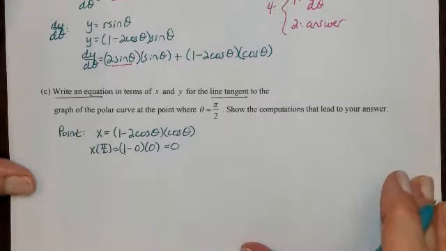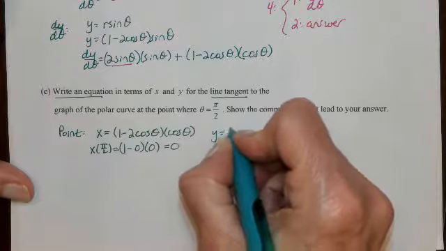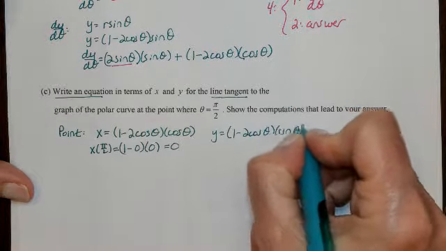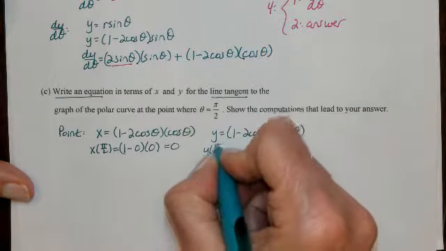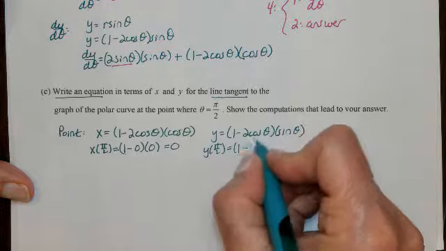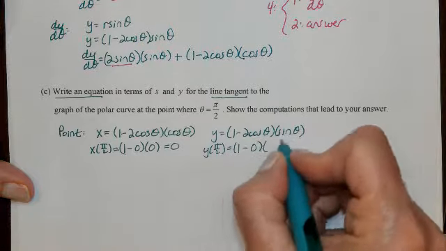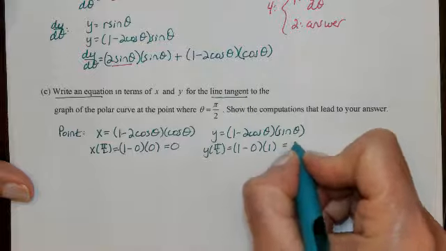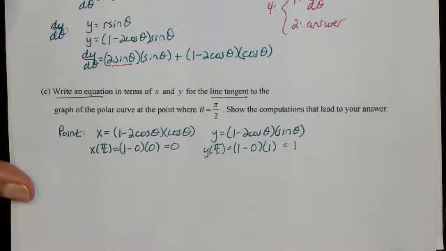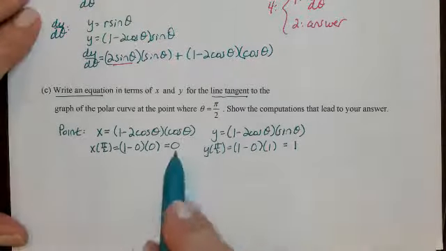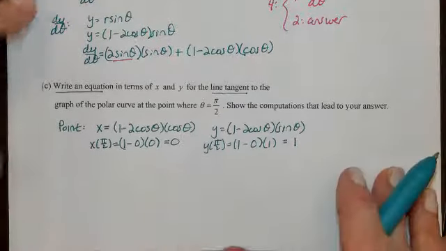So x at pi over 2 is 0. Y is equal to r sine theta. So y at pi over 2 will be 1 minus 2 times 0 times sine of pi over 2, which is 1. So y at pi over 2, the y coordinate, is 1. So the point is the point (0, 1). Okay?